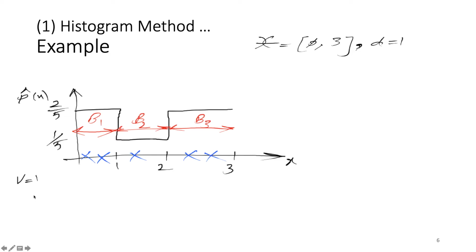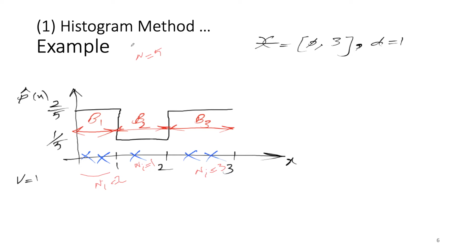Using the histogram-based method, we had overall 5, so N was 5, and in this case Ni was 2 for i equal to 1, 1 for i equal to 2, and 2 for i equal to 3.